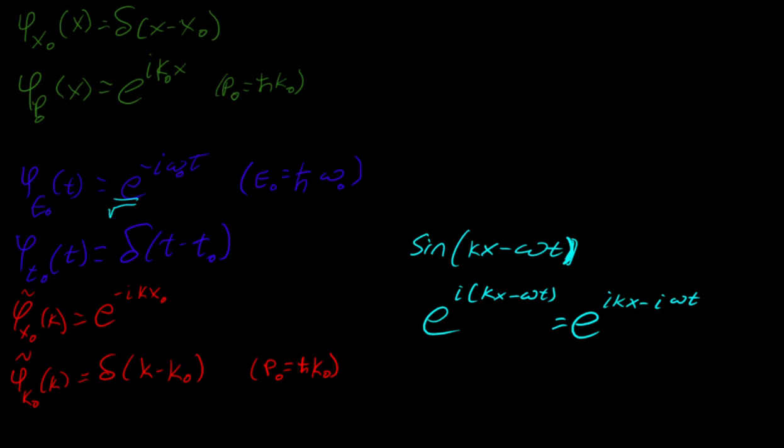There's a 1 over root 2 pi anytime we have this exponential in general. This one, that one, they should all have that 1 over root 2 pi factor, but it will just make things messier. So hopefully this is convincing why, just given the wave-particle duality, this should be the wave function with a definite value of energy, because it has a definite value of omega, the angular frequency.